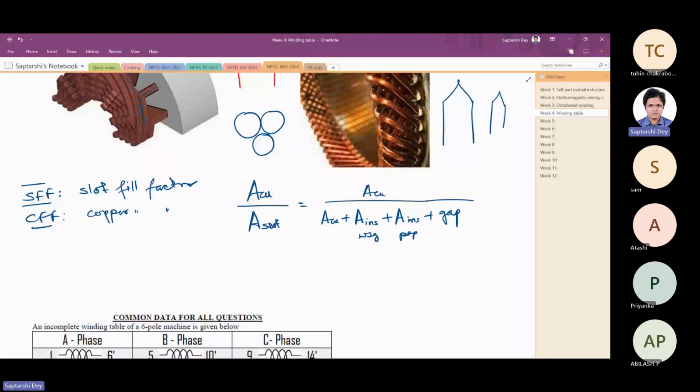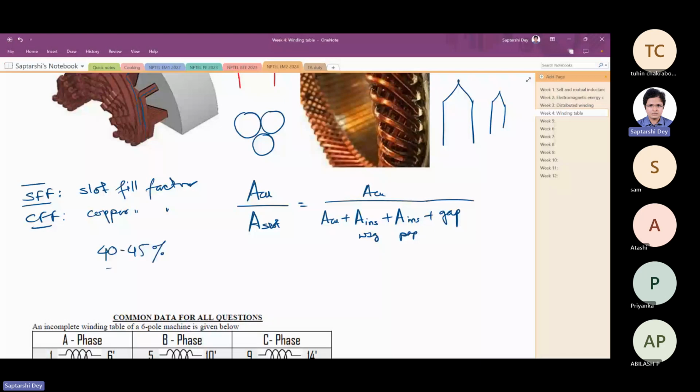Whenever we are designing the machine, we keep some thumb rule, say slot fill factor. If you are going to hand wind the machine with round conductors, some 40 to 45% is the best you can achieve in terms of copper fill factor.